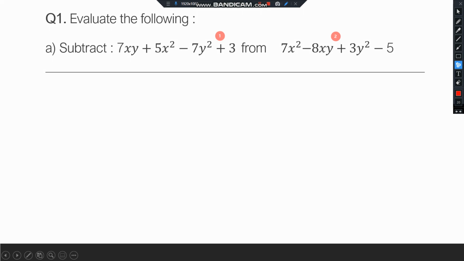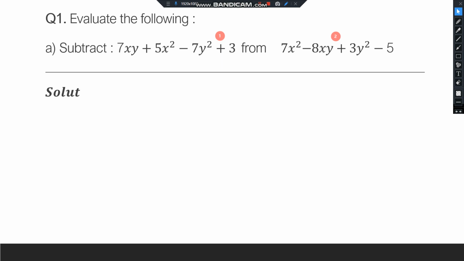So we will write which expression first? We will write the second expression first, and from that we will subtract the first expression according to the language of the question. Some of you have made this mistake that you subtracted second from first. No, it is second minus first actually. So we will write the second expression first.